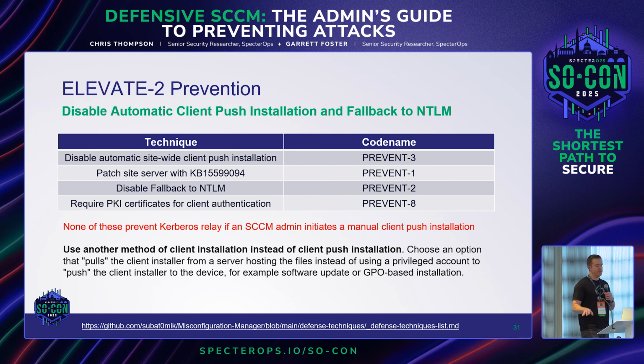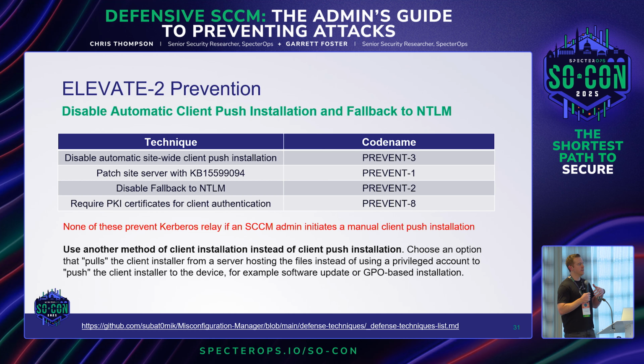So to prevent this, we can disable automatic site-wide client push. We can patch the site server to make sure that the disable NTLM fallback option actually works. We can disable fallback to NTLM, or we can require PKI certificates for client authentication. But really, none of these would prevent like some newer attack primitives like Kerberos relay if somebody goes into the console, right-clicks the device, and manually initiates client push.